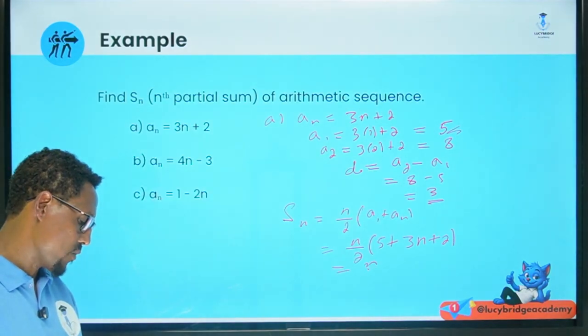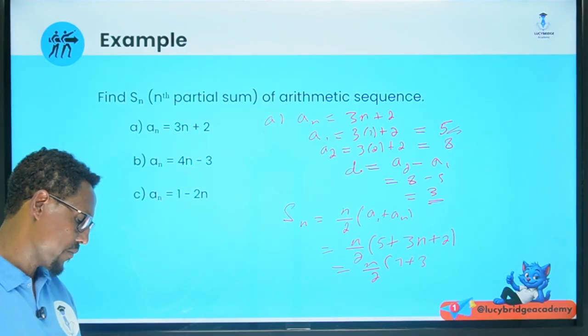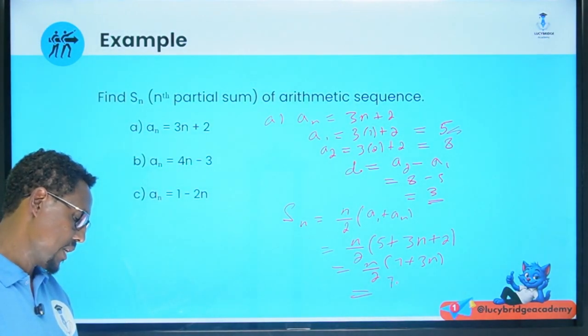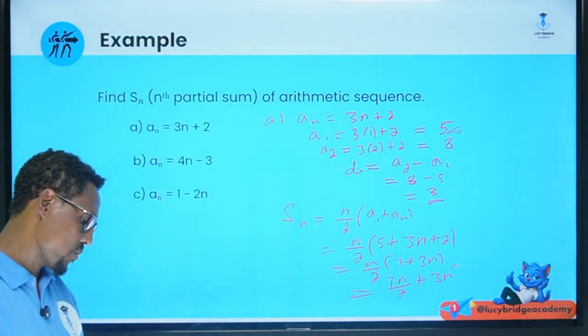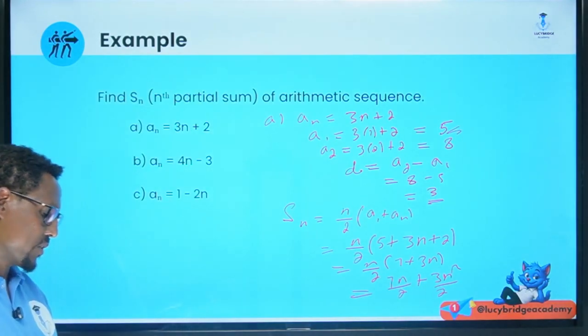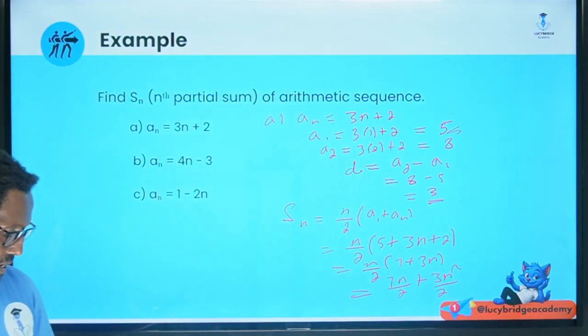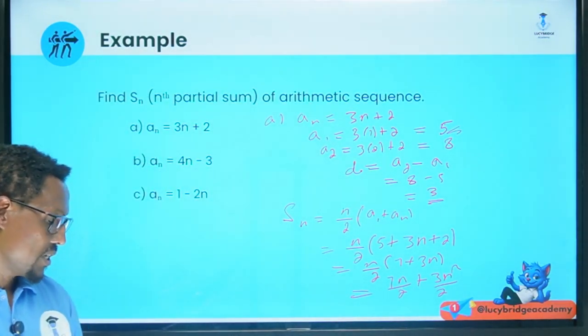This means n over 2 times 5 plus 2, 7 plus 3n, which is equal to 7n over 2 plus 3n square over 2. So this is the partial sum, the sum of the first n terms of the given arithmetic sequence.